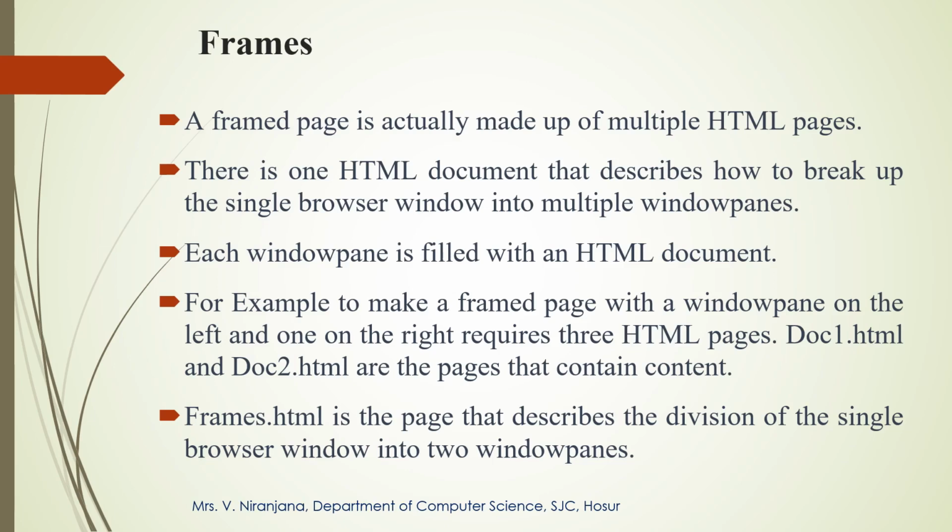Doc1.html and doc2.html are the pages that contain content. Frames.html is the page that describes the division of a single browser window into two window panes. So, three files are needed. One file to divide your HTML into multiple frames and other files which have to be included in the frame.